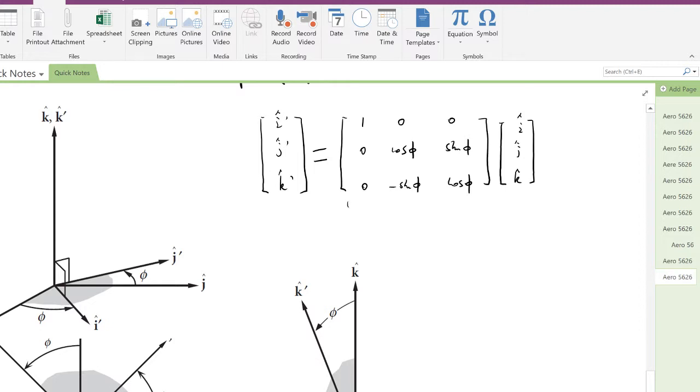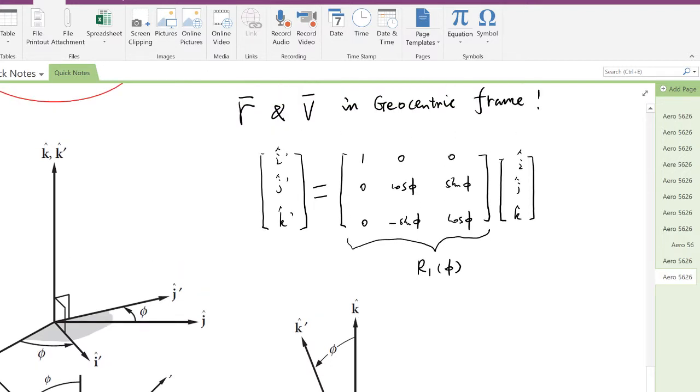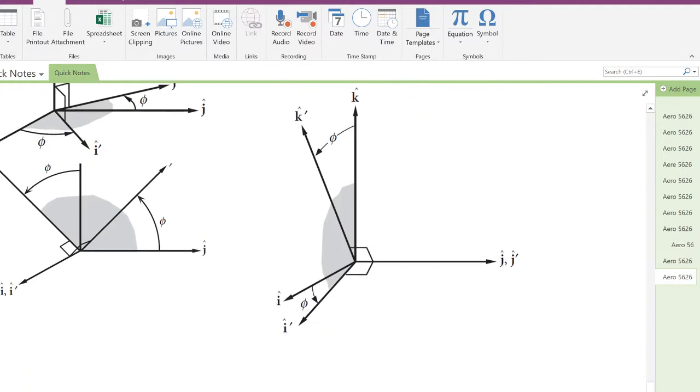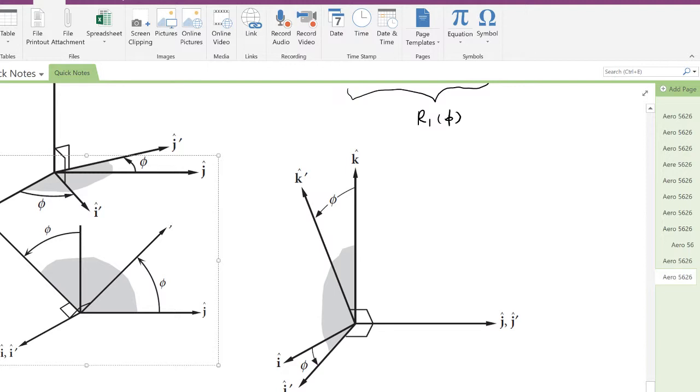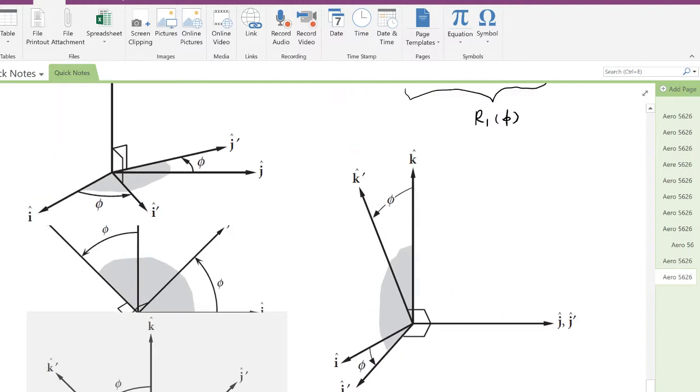And this rotational matrix we call the R1 rotational matrix about the phi angle. And if this is not a unit vector, it's some vector evaluated in the i prime, j prime, k prime, we can replace it. If it's the r vector prime, we can use the same thing if it's originally r. So that's how we make this conversion. So next, we'll talk about the rotation about the j-axis.